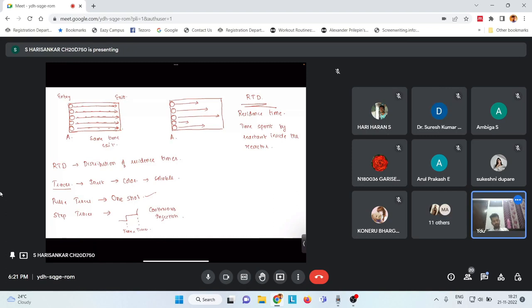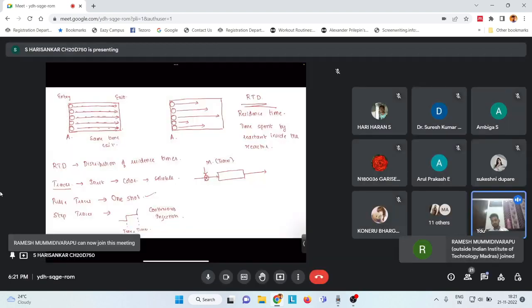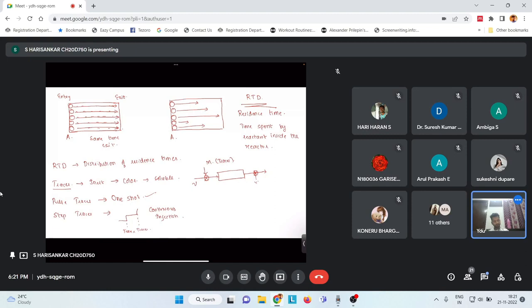Let's take a PFR, and let's say we are injecting this PFR with a tracer of M amount. This is our tracer, and let's say we have a flow rate nu inside the system, and an outlet concentration C at a time t.